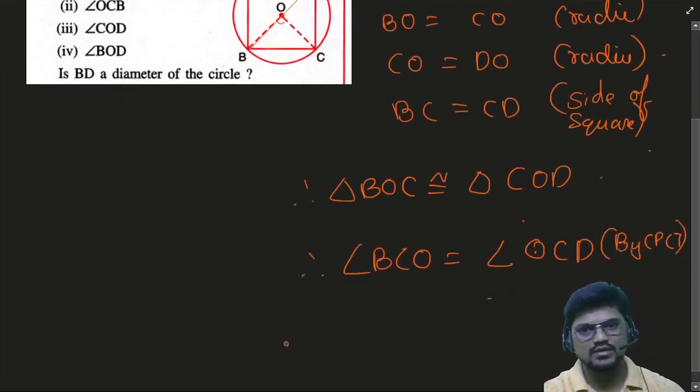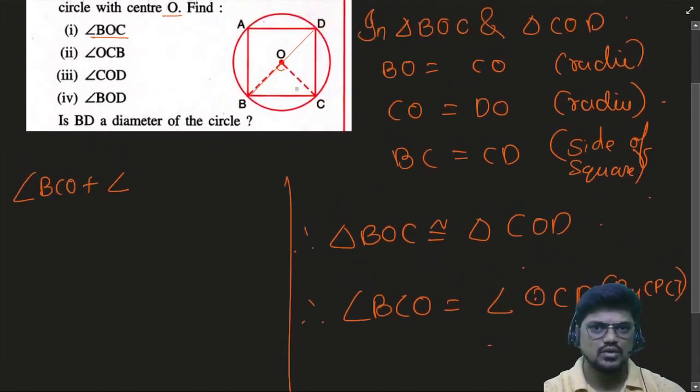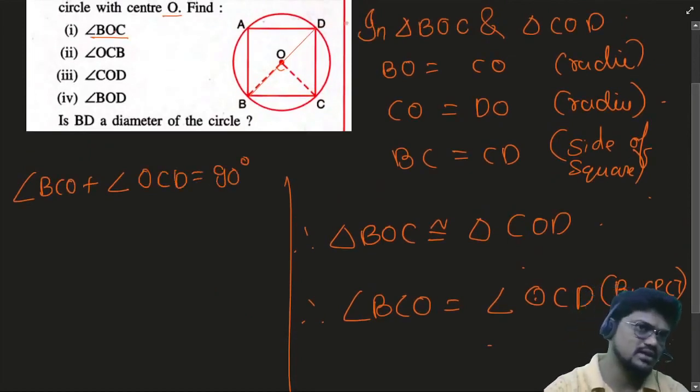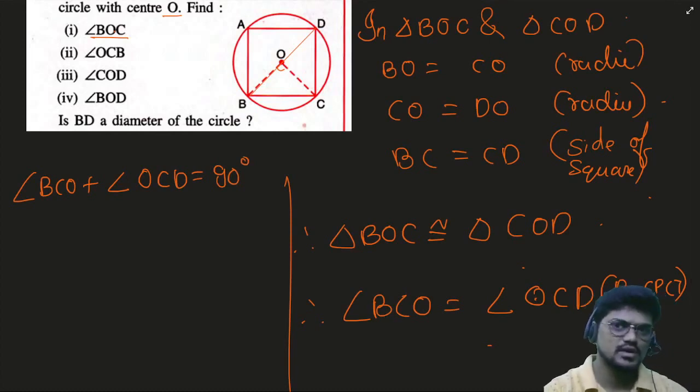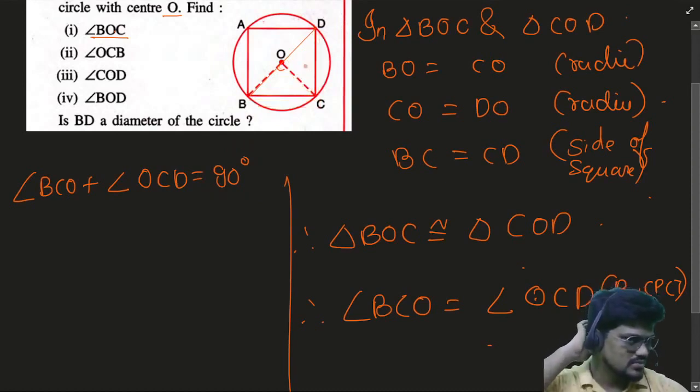But I know that angle BCO plus angle OCD equals how much? 90 degree, because angle BCD should be 90 degree because it's a square. Yes or no? This angle BCO plus OCD should be equal to 90 degree, no? Because that should be equal to BCD. Yes or no? Correct, sir.